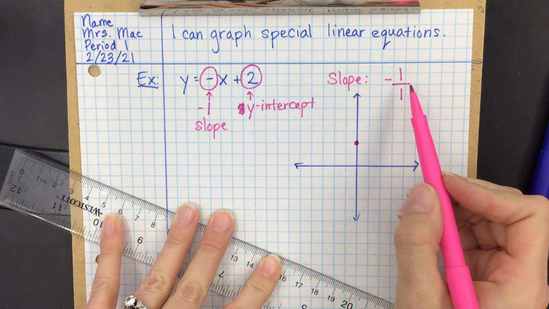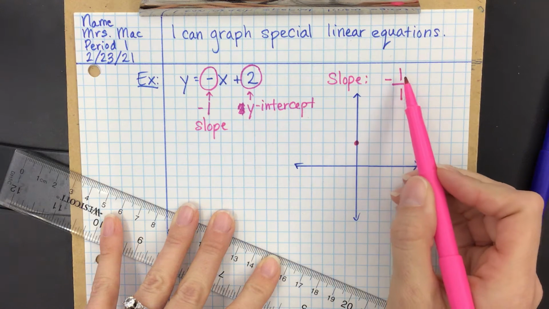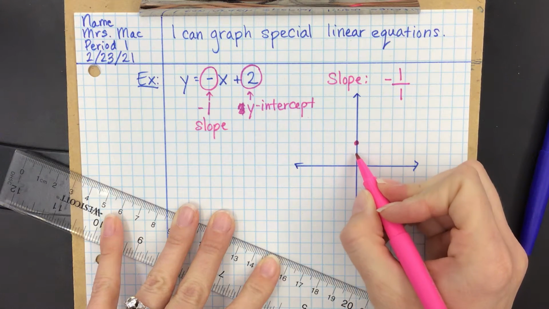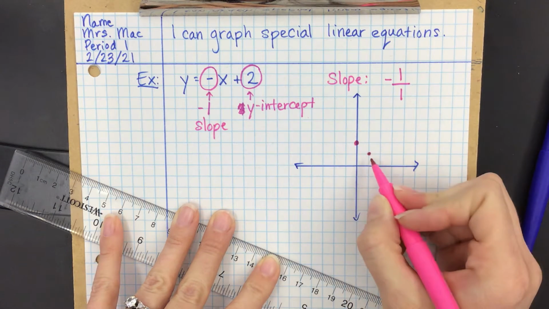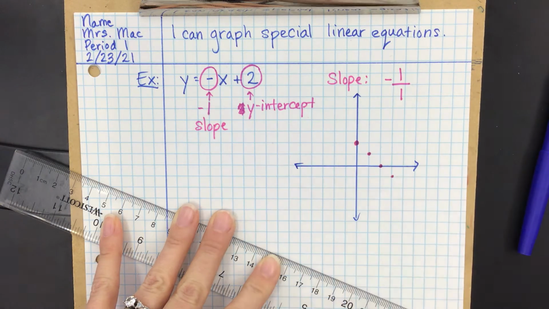Now because my slope is negative, I'm going to go down and over. And it's going to be down 1/1. So down 1/1, down 1/1, down 1/1.